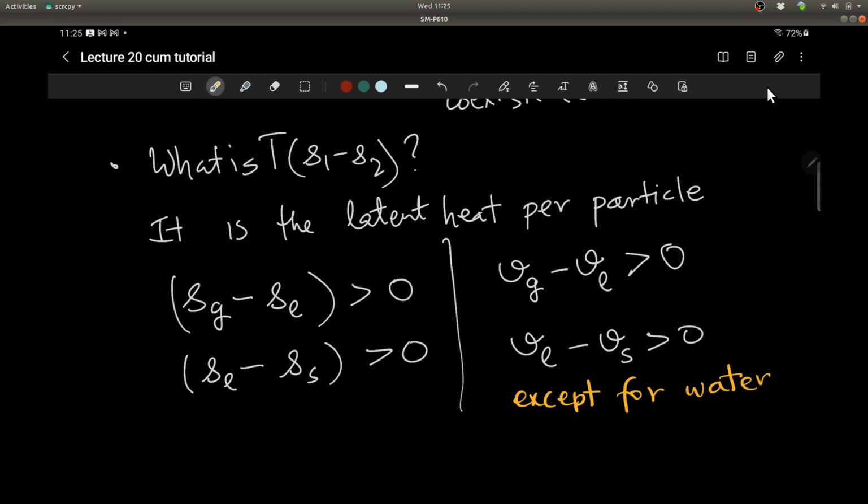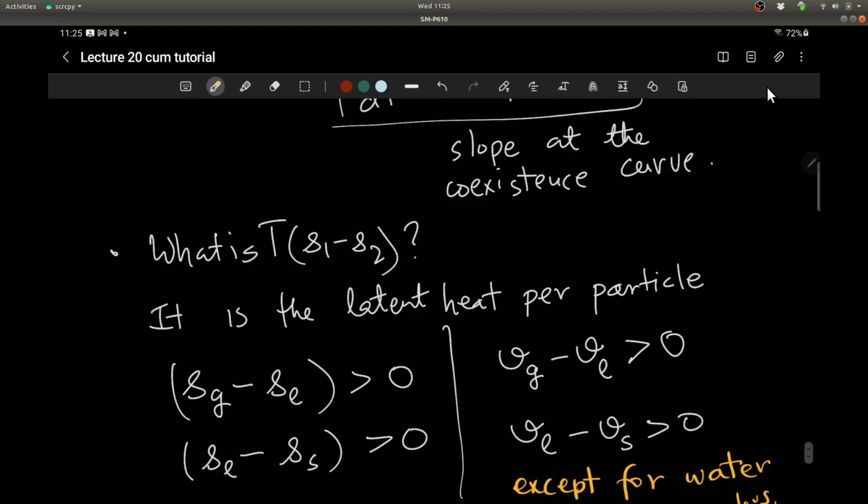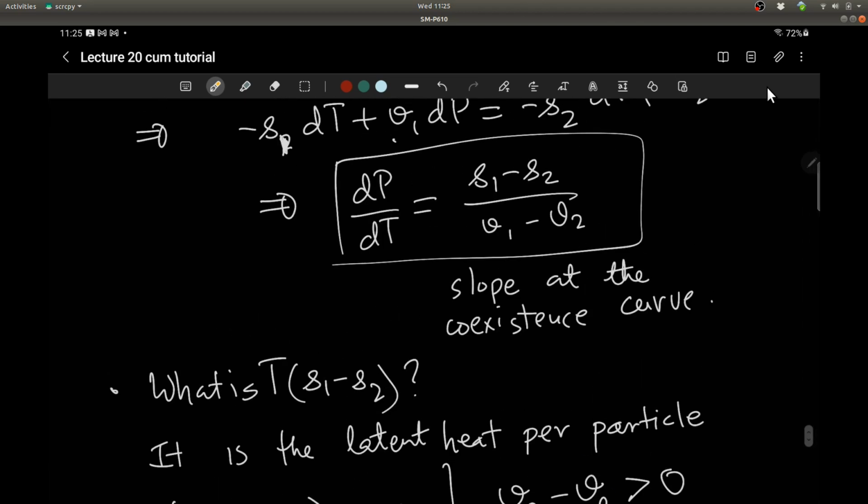Water, right? Because ice floats on water. Okay, so what you can see here is that both numerator and denominator are the same sign.